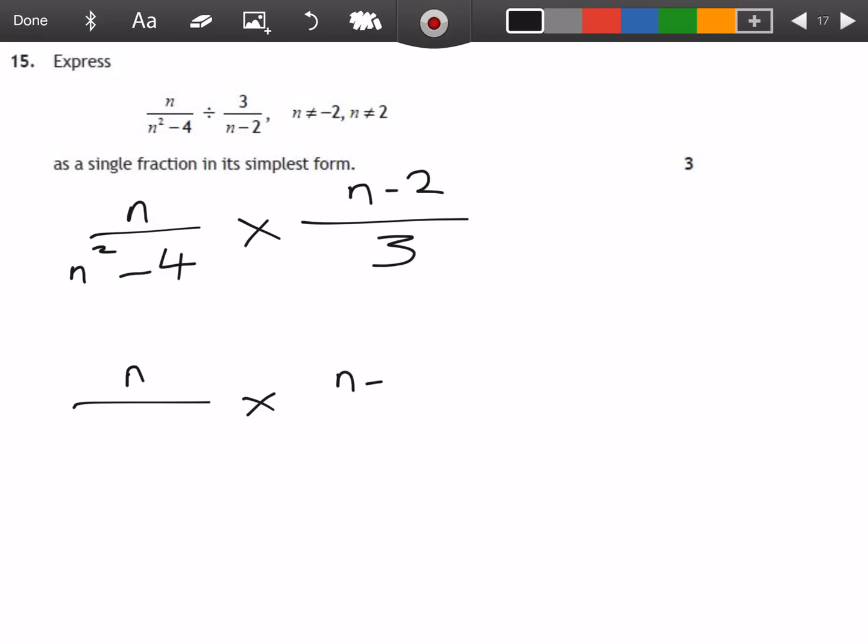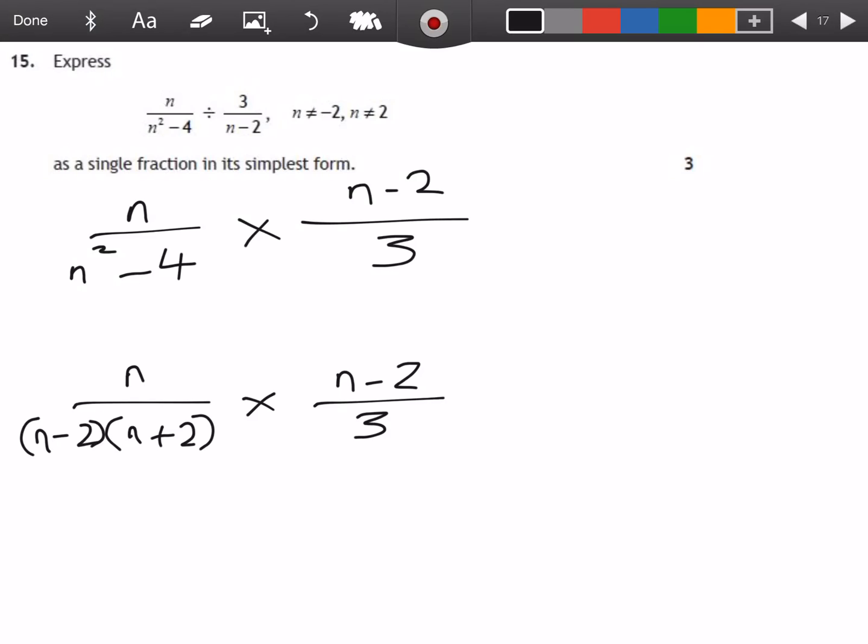Now there's not much we can do about these, but look at the bottom of the first fraction. Factorise. Is there a common factor? Nope. But we can do something else with it. It's actually a difference of 2 squares. Okay? n squared, n times n, 2 squared, 2 times 2. So now we can simplify.